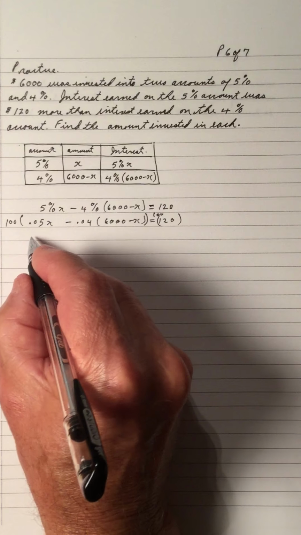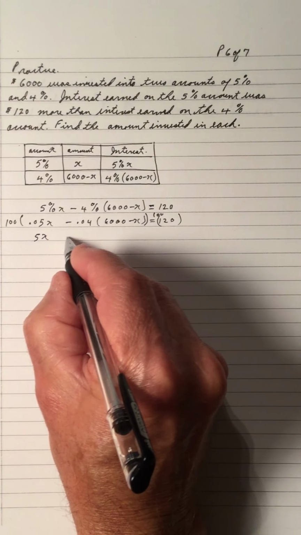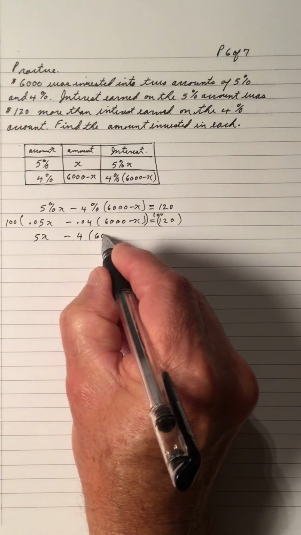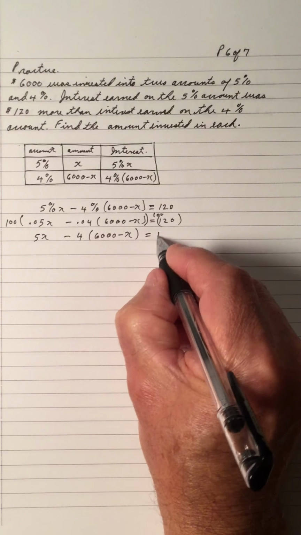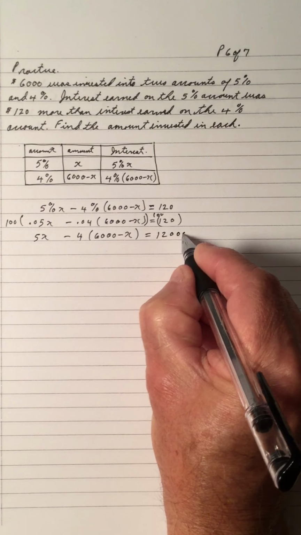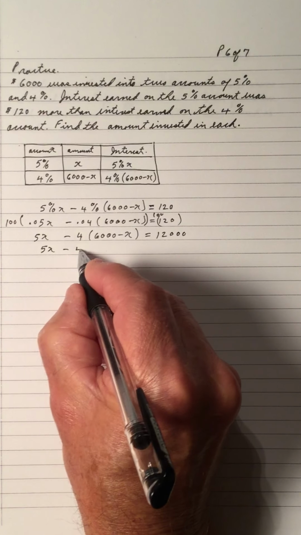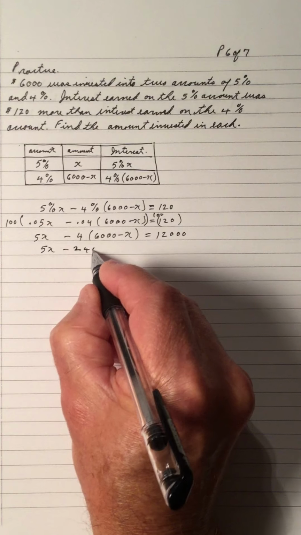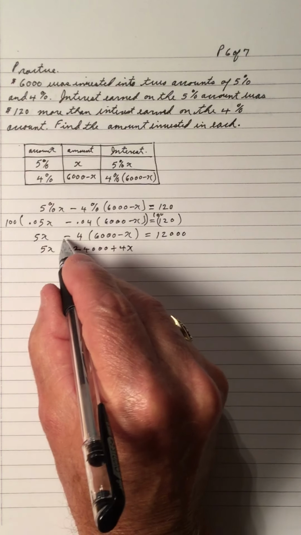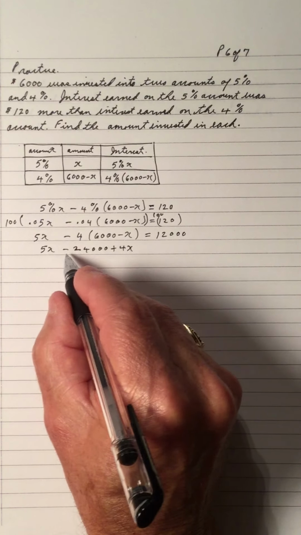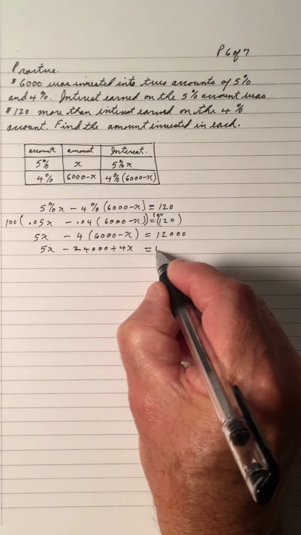100 times 0.05 is 5. 100 times 0.04 is 4. And 100 times 120 is 12,000, add on the 2 zeros. Remove the brackets, so that's 5x plus negative 4 times 6,000 is negative 24,000. Negative 4 times the negative x is plus 4x.